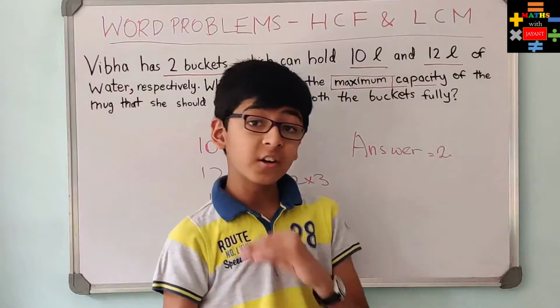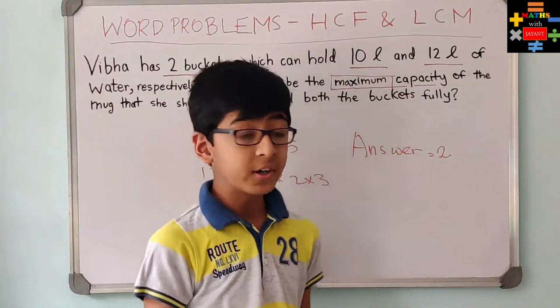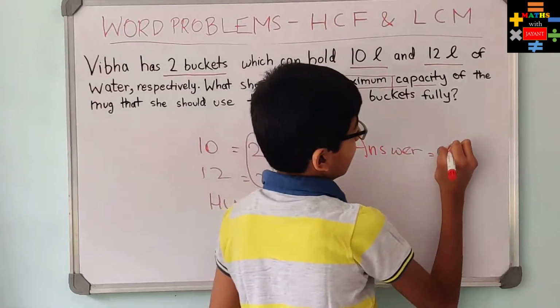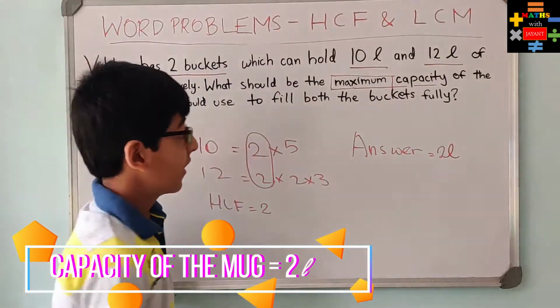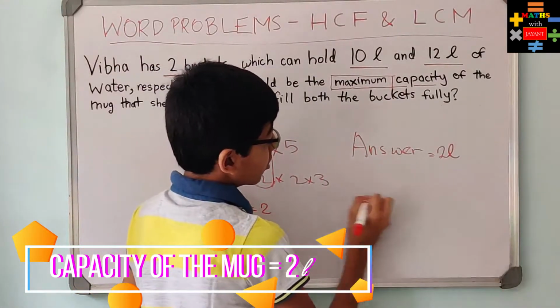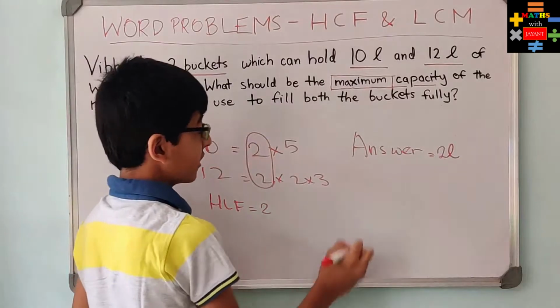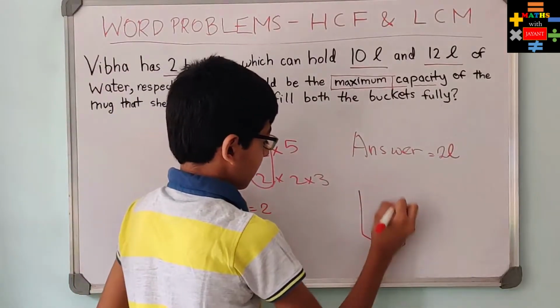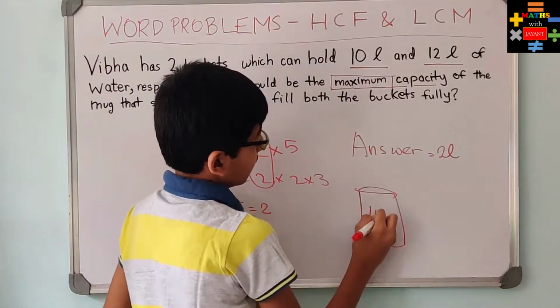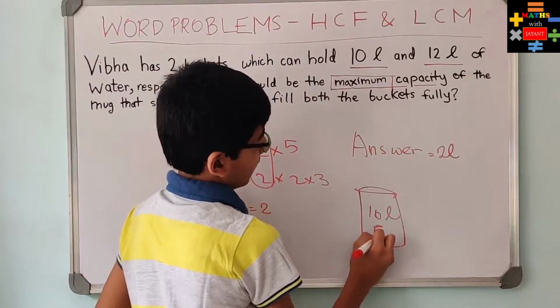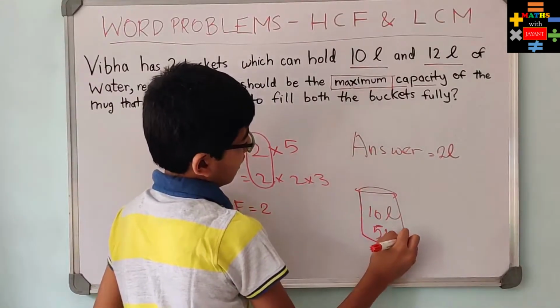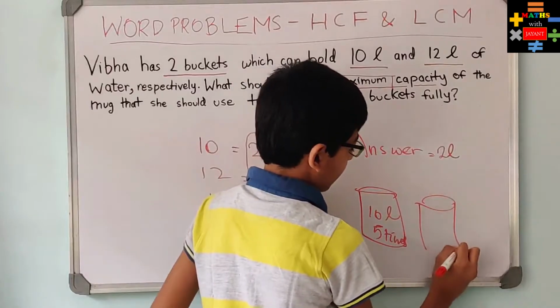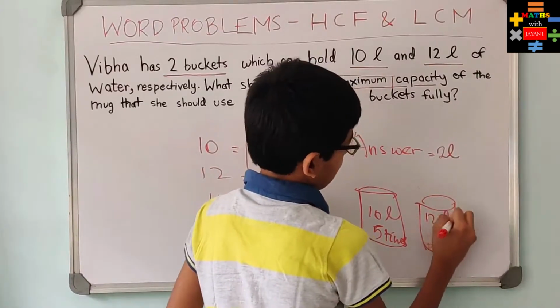Milliliter or liter or kiloliter or whatever. So the answer should be 2 liters. And if you check, the 2 liter mug will fill the 10 liter bucket 5 times and the 12 liter bucket 6 times.